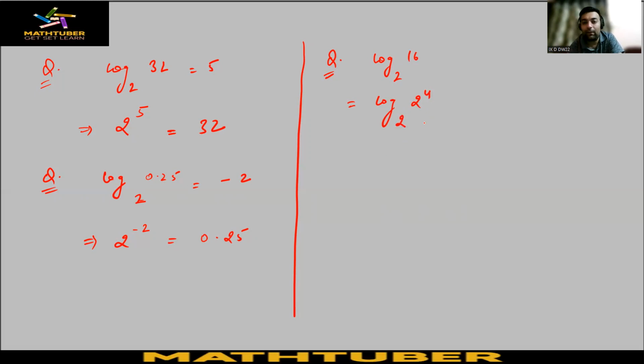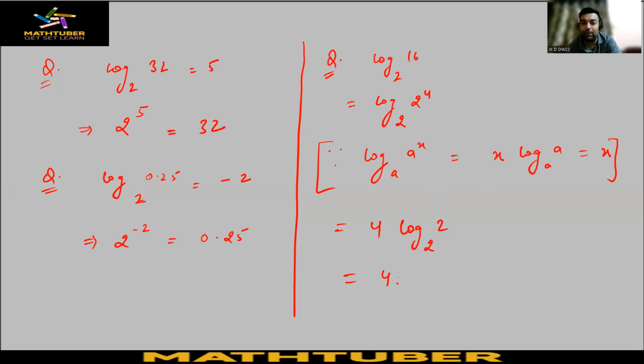And there is one property which says that if we have log of a raised to power x with base a, then its value will be x times log a with base a, and log a with base a is equal to 1, so the answer will be x. According to this property, its answer will be 4 log 2 with base 2, and log 2 with base 2 will be 1, so the answer will be 4 here, right?